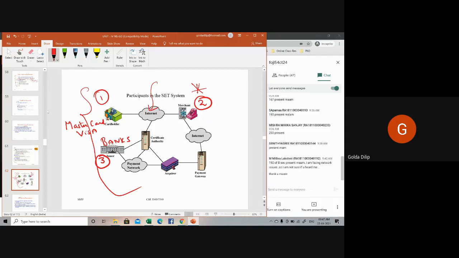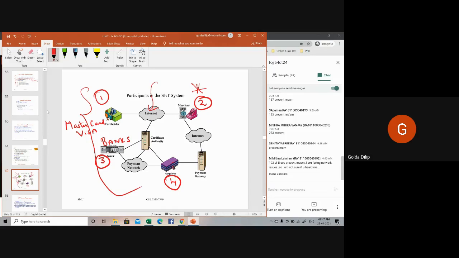Then we have this acquirer. Fourth party is this acquirer. This is the financial organization with a relationship with the merchant for processing the card payment authorization and all the payment related aspects. Why is this acquirer a part of this process? The merchant can accept credit cards of more than one brand. It is not just one card he will be having.